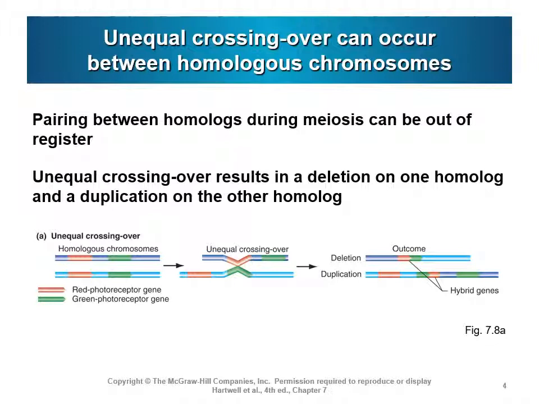So here are two genes that are aligned, two homologous chromosomes, and let's say within a system they are not aligned properly. As you can see, the second part, the red, is aligned with green, so they are misaligned. What will happen in this case is the crossover will take place, and the outcome would be that we will have one gene with a deletion, which is missing the full yellow, full red, or full green part of the gene.